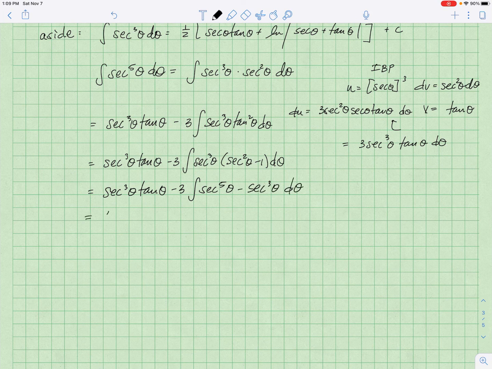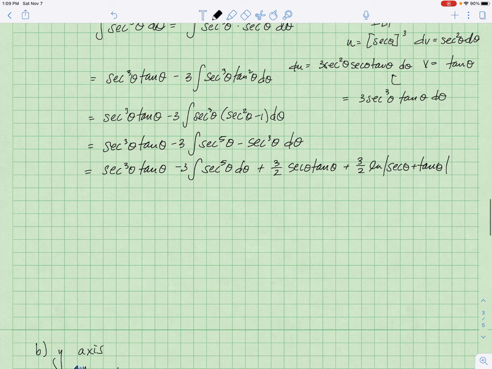And if we break that up, this is secant cubed theta tangent theta minus 3 times the integral of secant to the 5th theta d theta plus 3 times the integral of secant cubed, which we know is 3 times 1/2 the secant theta plus tangent theta plus 3 times 1/2 the natural log of the absolute value of the secant of theta plus the tangent of theta. Yikes, this problem's a nightmare. Plus C.